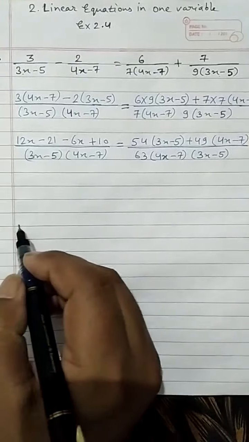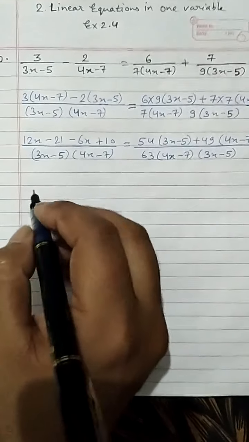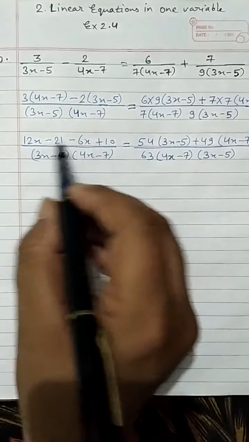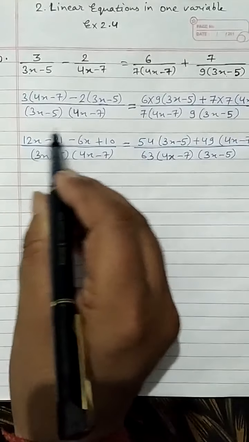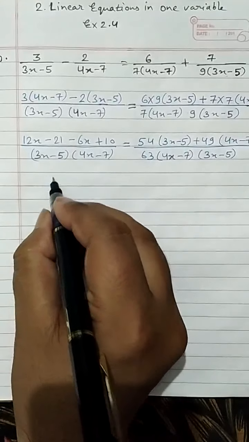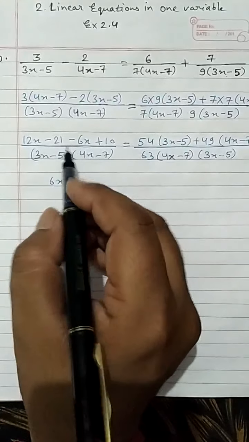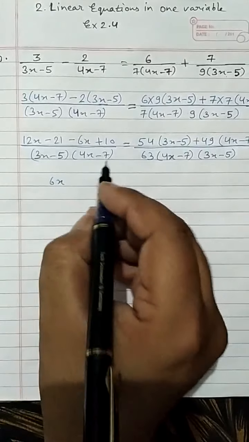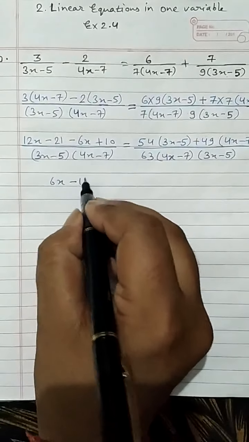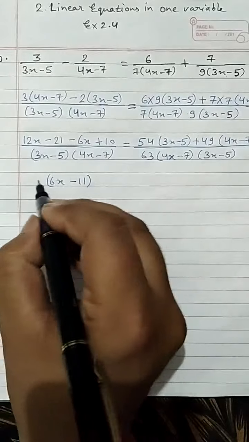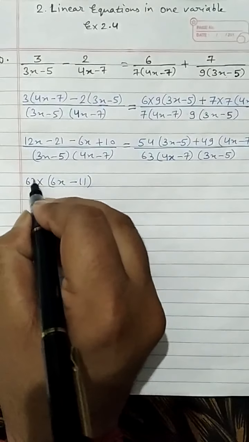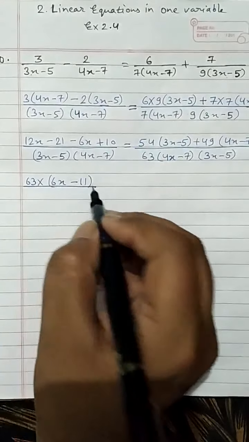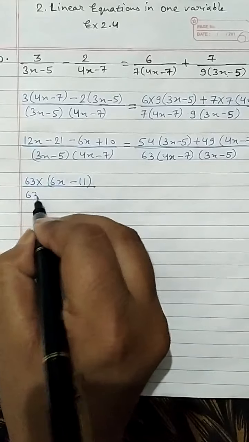So first we will add them. 12 minus 6 gives you 6x and minus 21 plus 10 gives you minus 11. Now 63 is multiplied. Again 63 down.